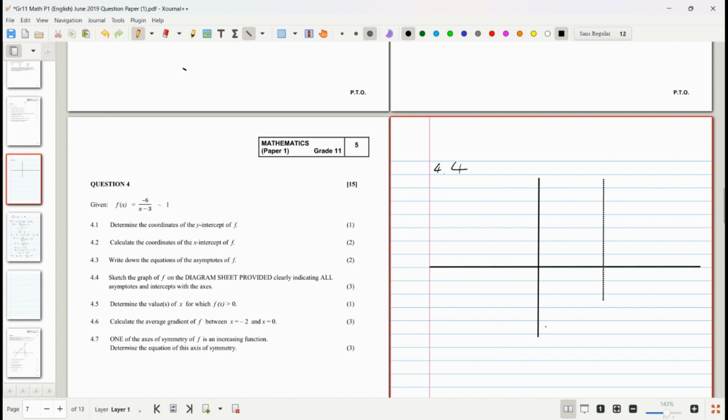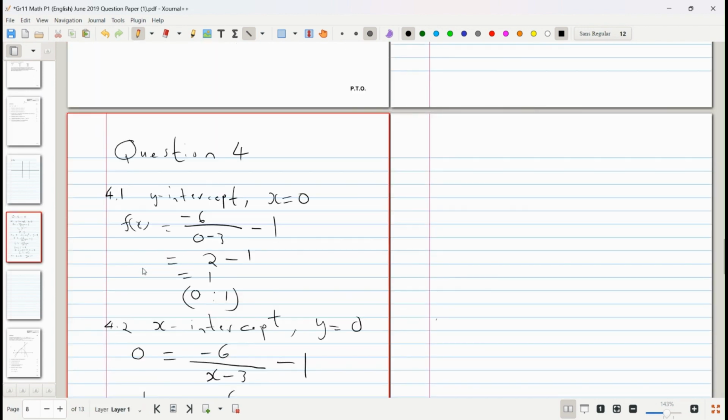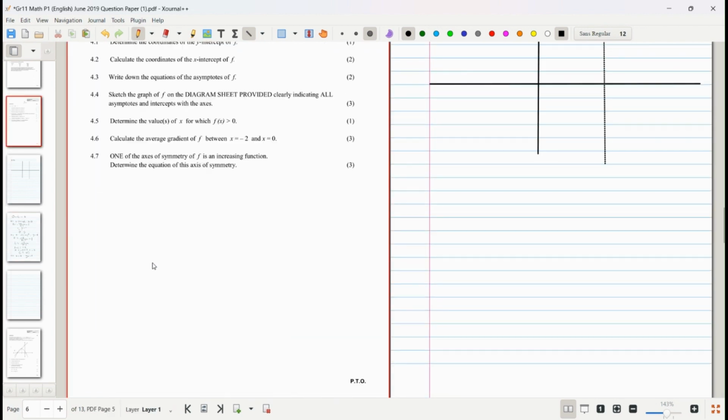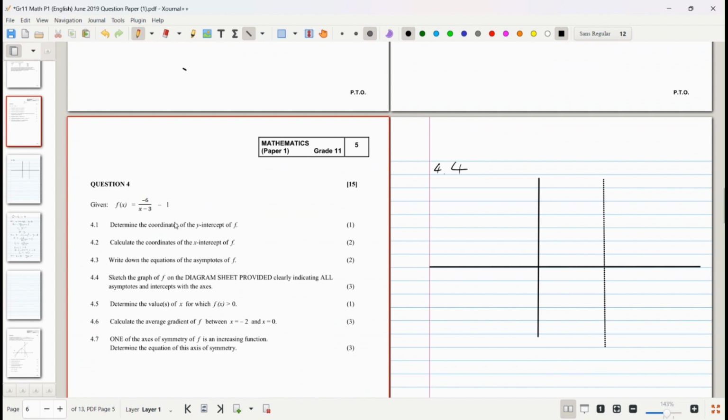It will be like this. This is x equals 3. And then the other one is y equals negative 1, so it will be somewhere here.